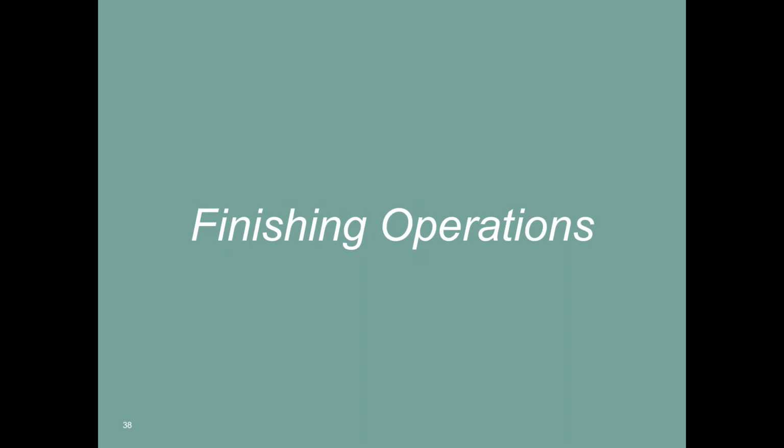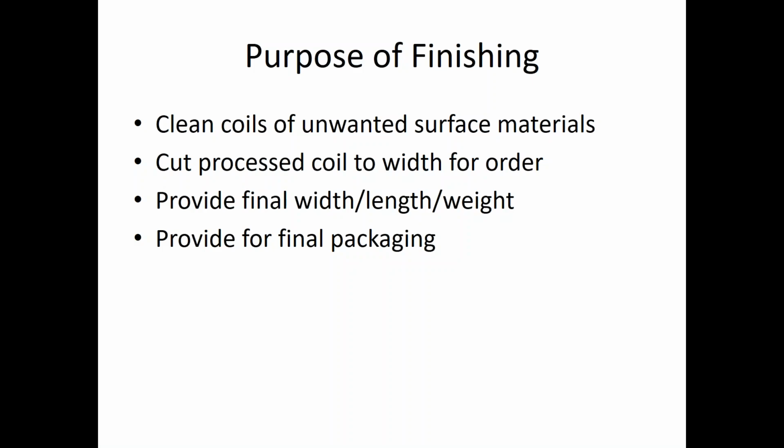Finishing operations, and what do you do after you roll all this stuff? Well, at the end of finishing, you may need to clean things off the surface of the metals.